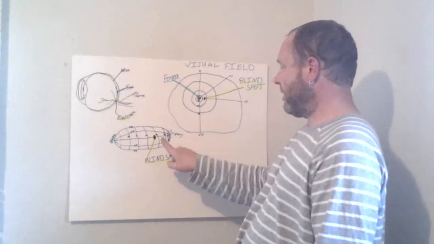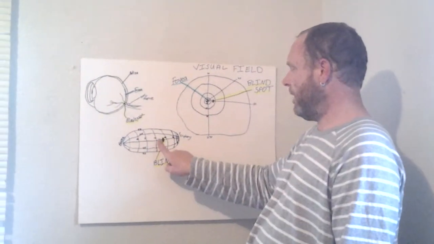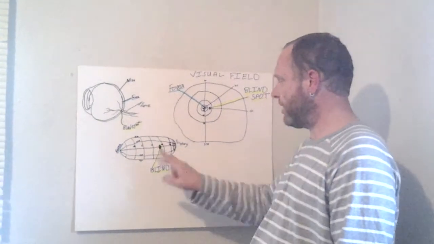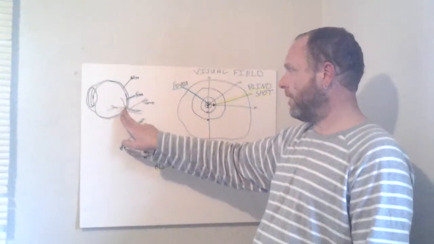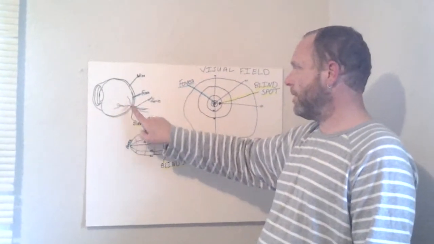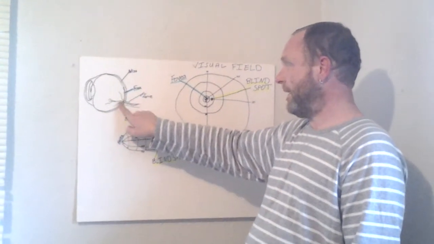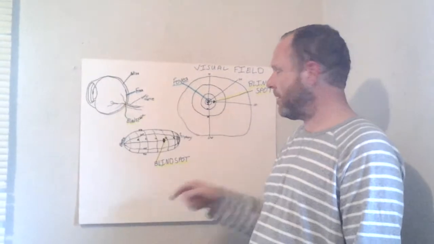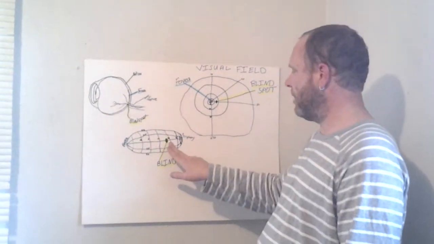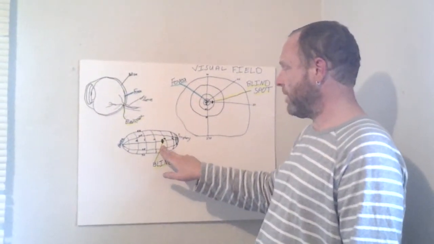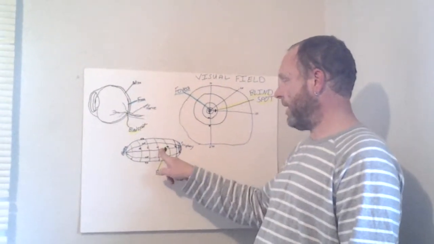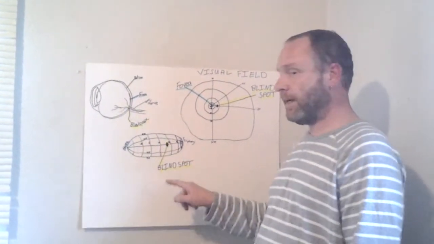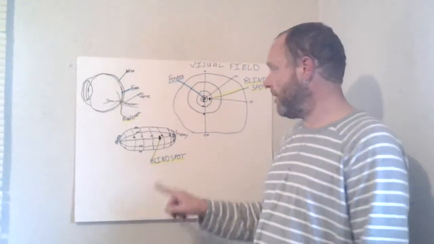Filling in is when information that's transmitted either on the retina to the retina next to the optic disc, or on the visual cortex, information gets through to the cortex and is located on either side of the blind spot.